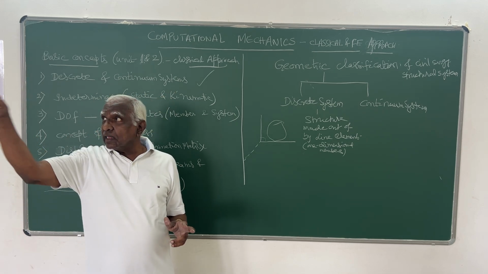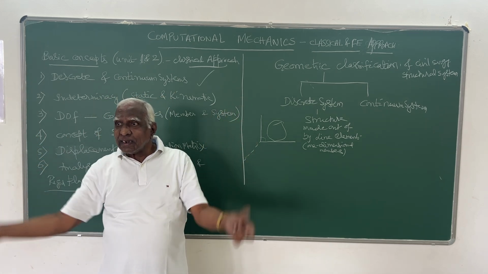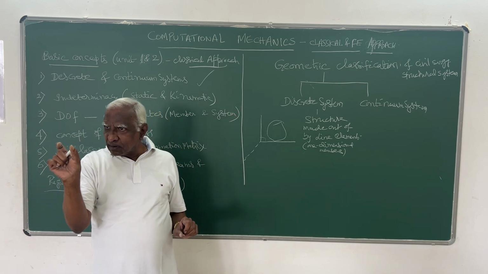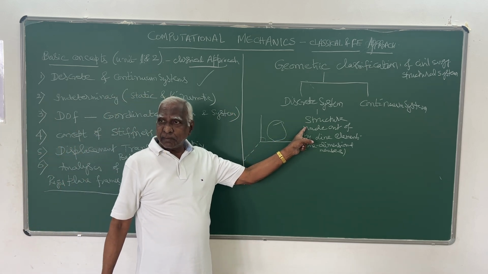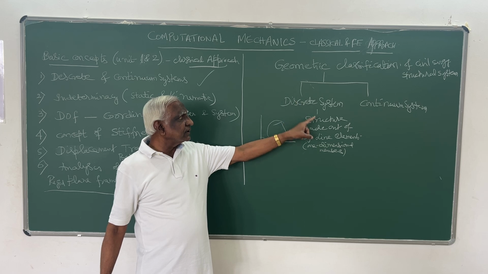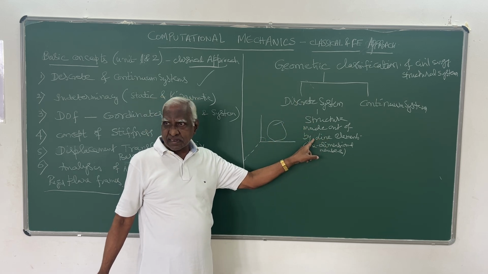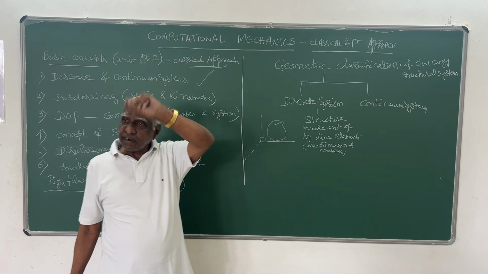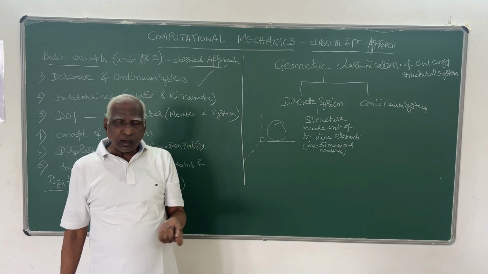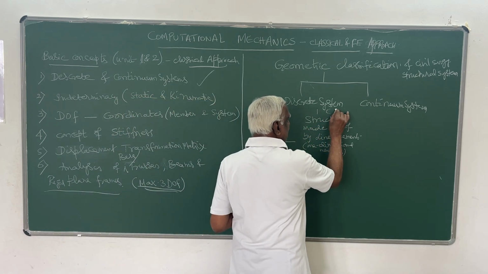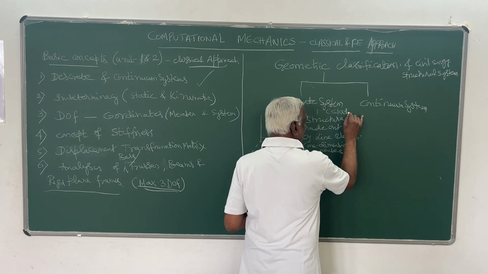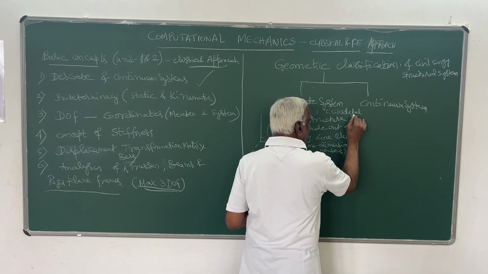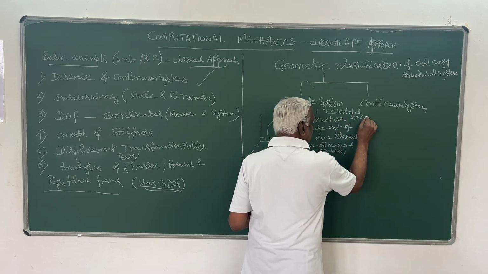So that means they are all made out of line elements or linear one-dimensional elements. Such structures made out of line elements or one-dimensional members are called discrete structures, also called skeletal structures.